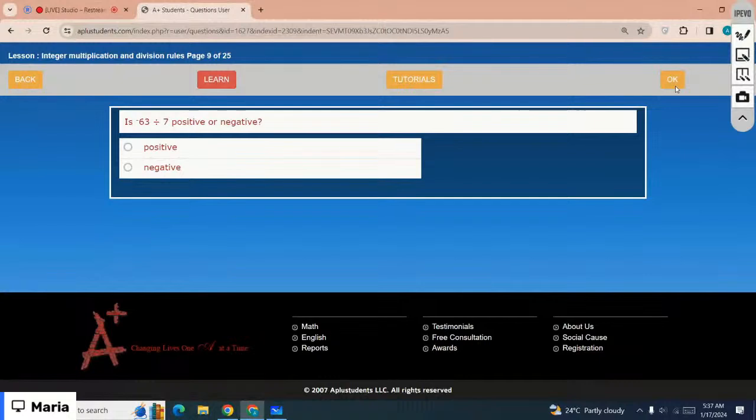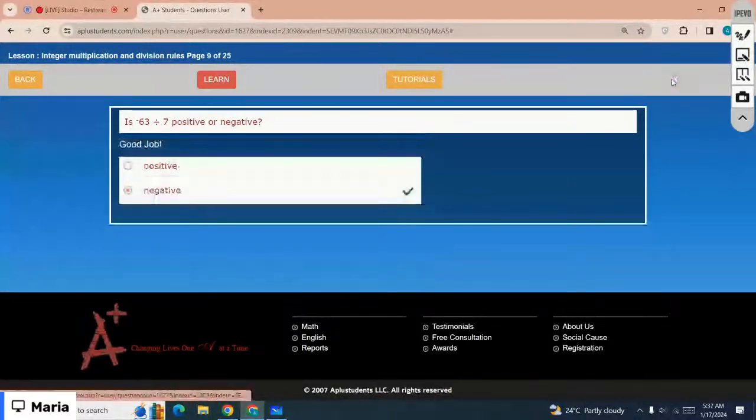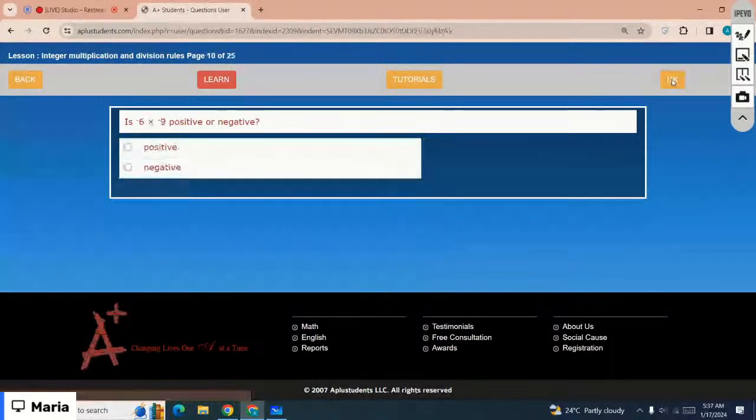Is negative 63 divided by 7 positive or negative? That is negative because one of the numbers is negative, so the answer must be negative. Very good.